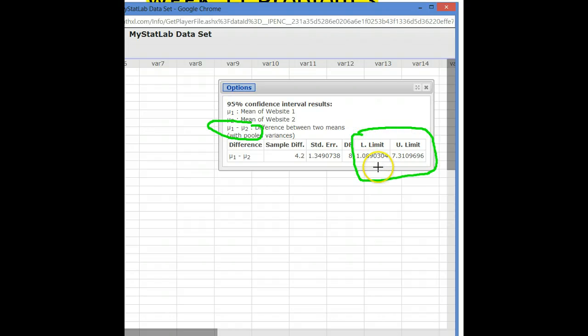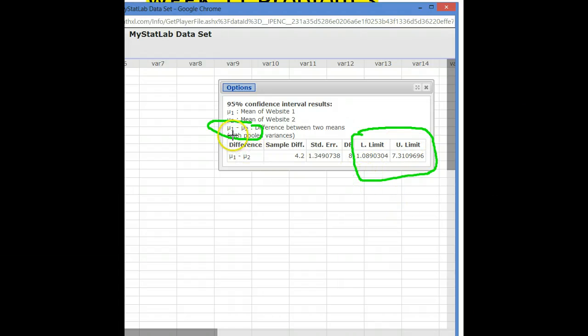So what we're saying is that we are confident that the difference does not include 0. In other words, we are confident that there is a significant enough difference between the means. So that's essentially what the confidence interval speaks to.